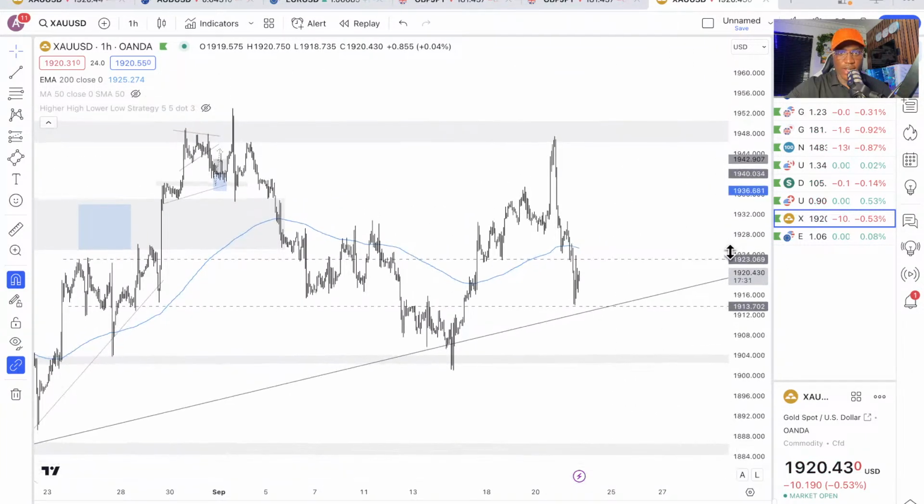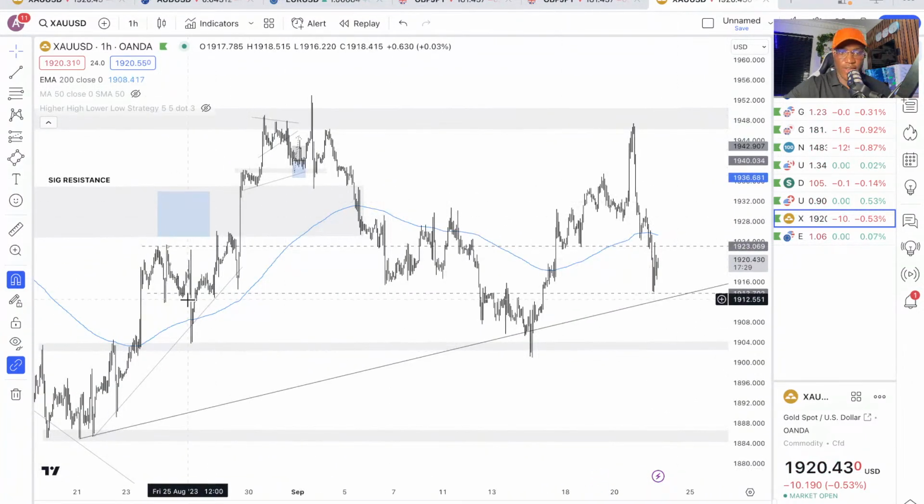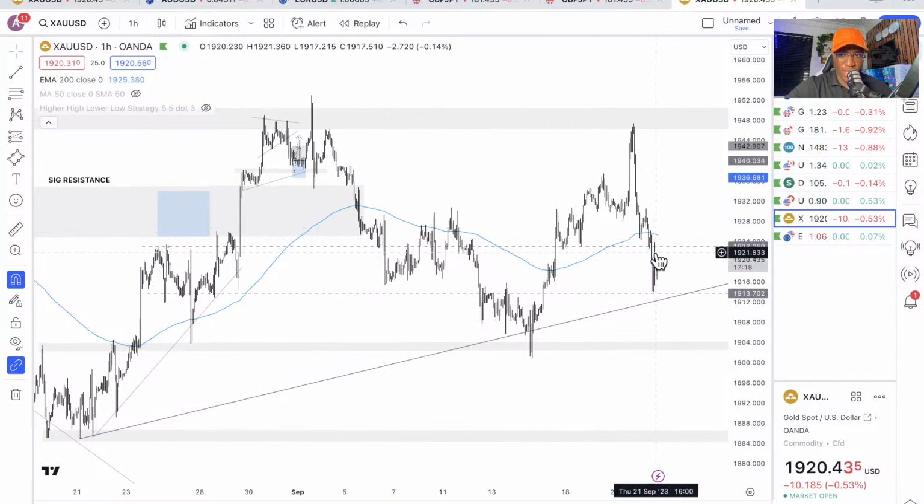I believe that you guys understand why it's important to have key levels in place, because we had these key levels set from August. We also had this key level set from August, and you can see how the market is making multiple retests at these key levels.